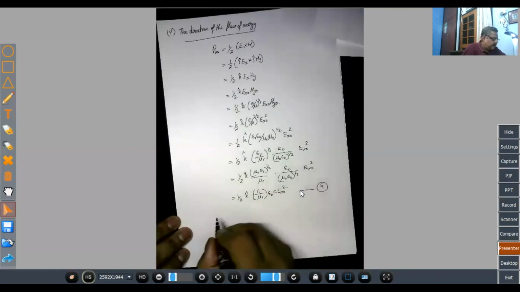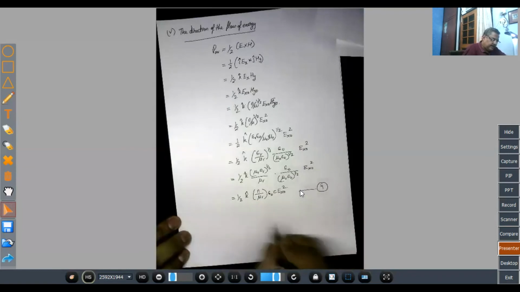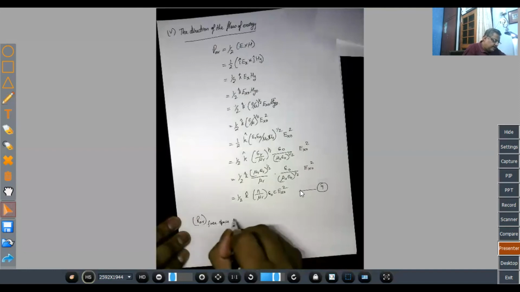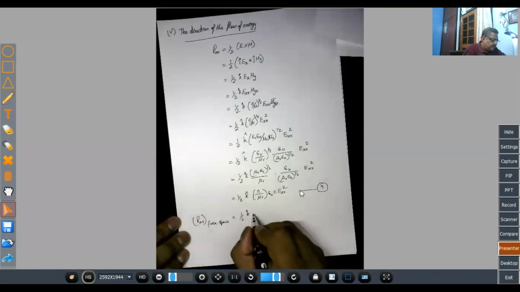This is the ninth equation, and in free space, this value will be what?